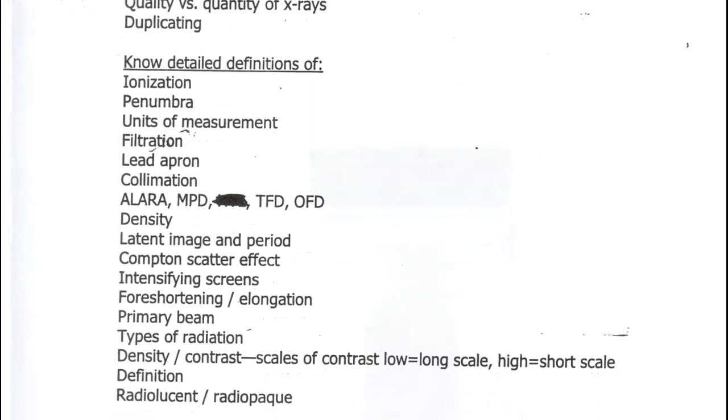So just some definitions that I wanted to put in there to make sure that you were familiar with. I'll go through these really quickly. Ionization, we talked about with the X-ray protection and the safety terminology. Ionization is when we were talking about the free electrons that are trying to join into other atoms to regain stability.